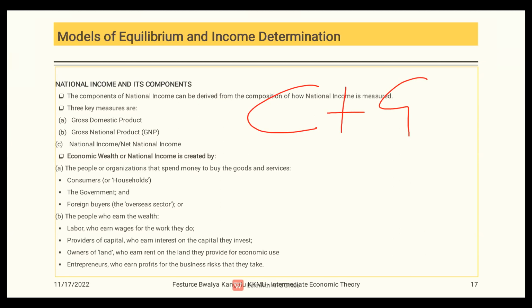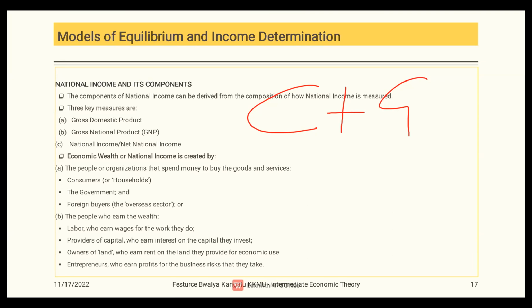The people who earn wealth are categorized this way. Number one, we have those who labor; they labor to earn wages for the work they do. We have those who provide capital; they earn interest on the capital they provide. Those who own land earn rent on the land that they provide for economic use.